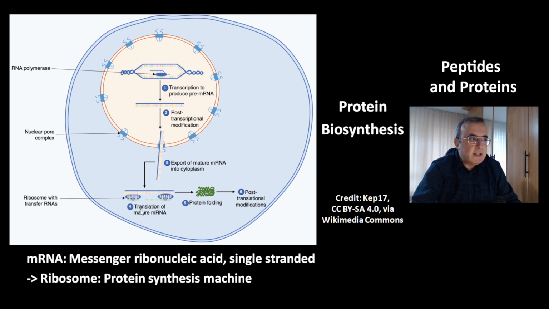The ribosome takes the messenger RNA and transfer RNA for the synthesis of the proteins, and afterwards there are modifications. The protein is folded, and then it's ready. So the ribosome is the protein synthesis machine.